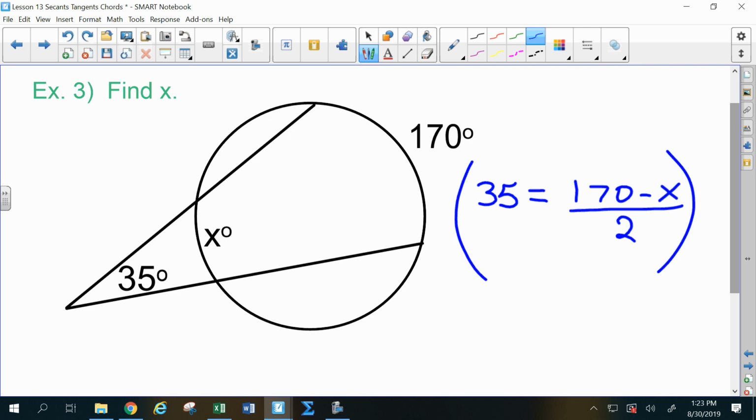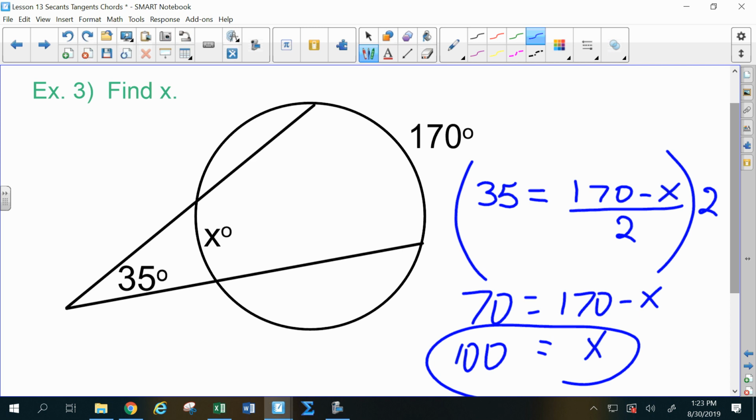Multiply both sides of the equation by 2. 70 is 170 minus x. So everyone, what is x? It is 100. It is not the same as x equals (170 minus 35) over 2. 135 divided by 2 is not going to give you 100. So you see how it makes a difference.